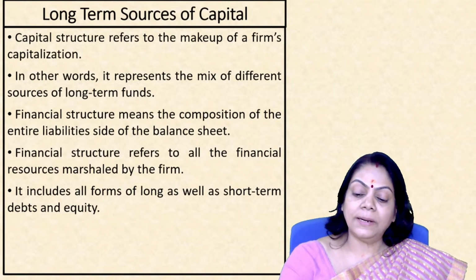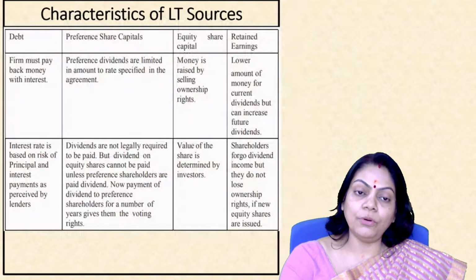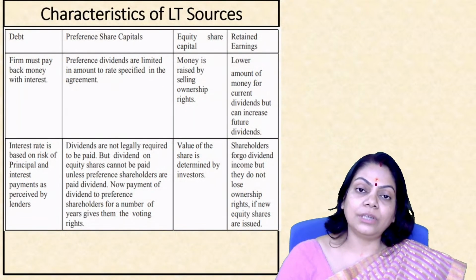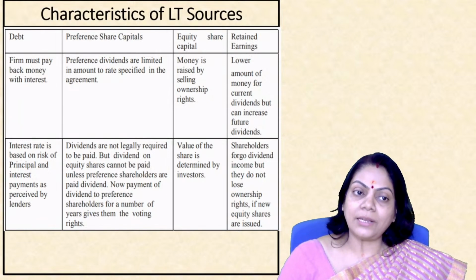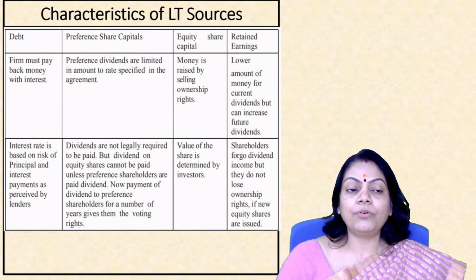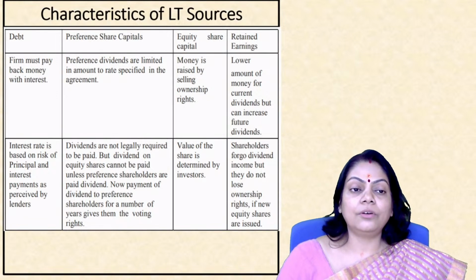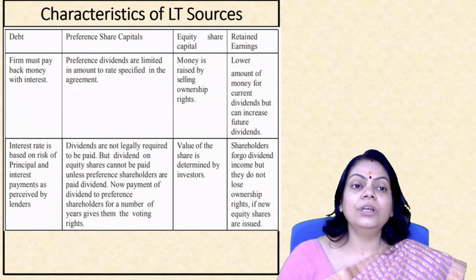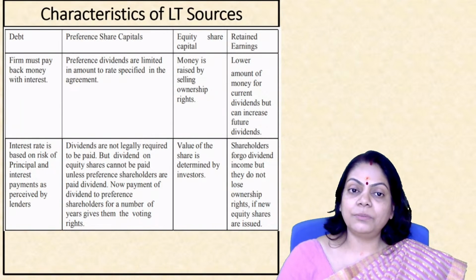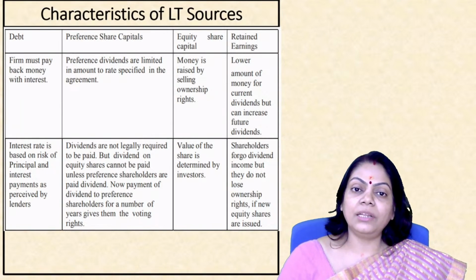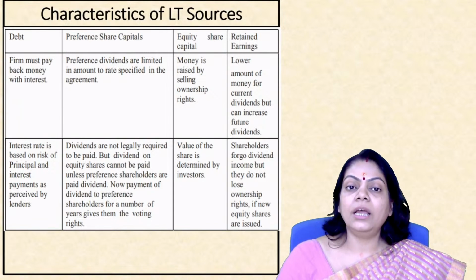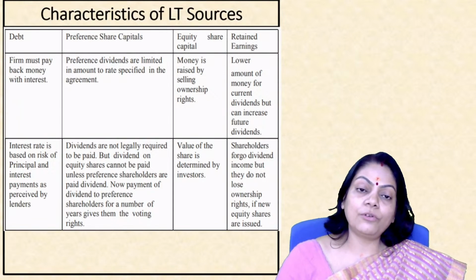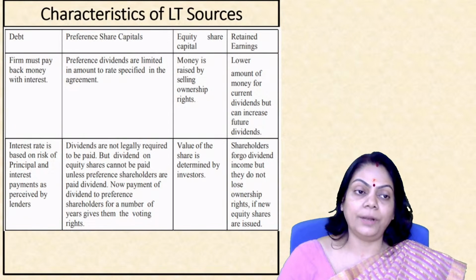With this understanding of capital structure, we now move to the various characteristics of these long-term sources. As we discussed just now, I have talked about four sources of long-term finance: debt, debenture or bond; the preference capital, which is basically the hybrid between the debt and the equity; and the equity, and very closely related to the equity is the retained earning.